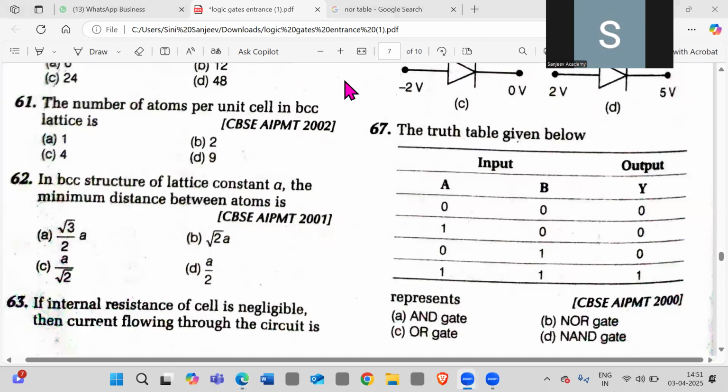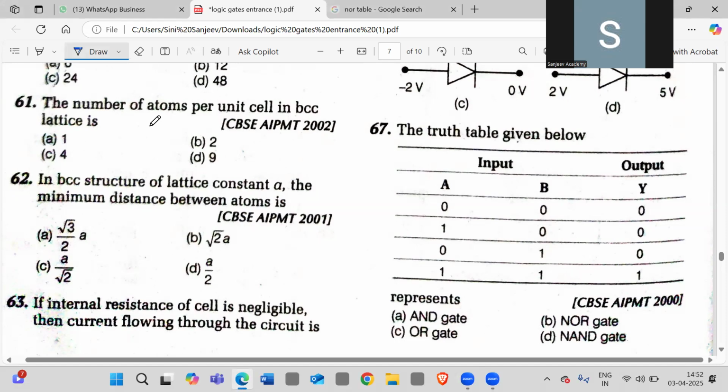67th question. What is the answer? 67th one. Try eliminating it. AND gate.